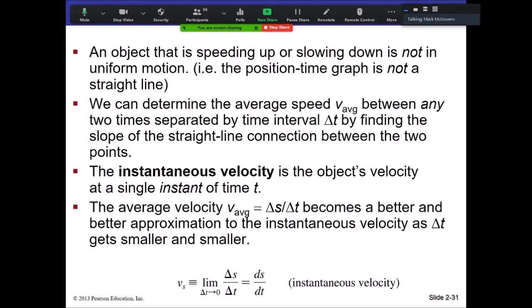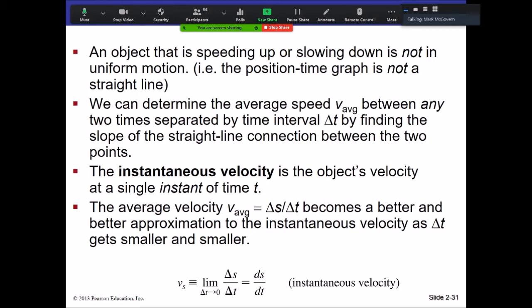All right, now, the idea of average velocity is fine, but I did mention, well, what if we looked at smaller intervals of time? Like, what is truly uniform motion?